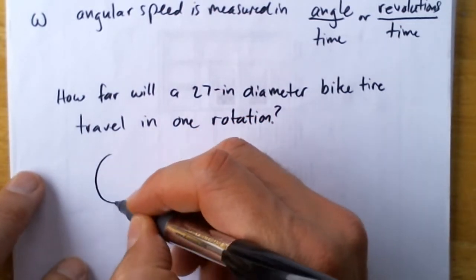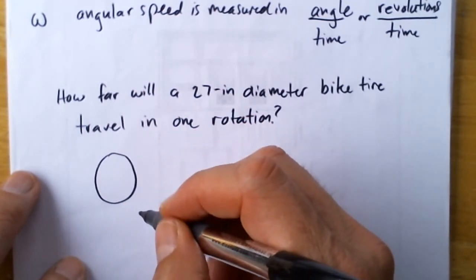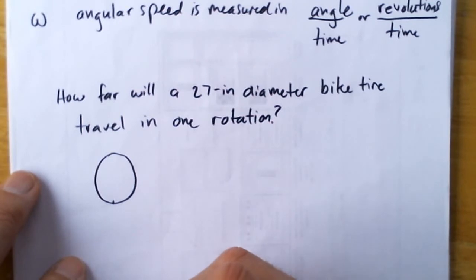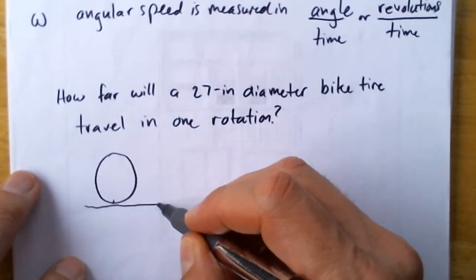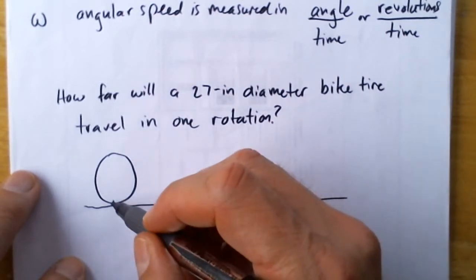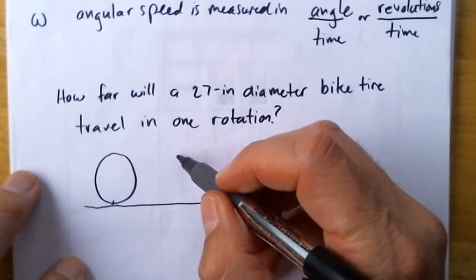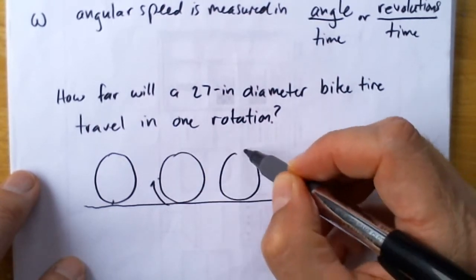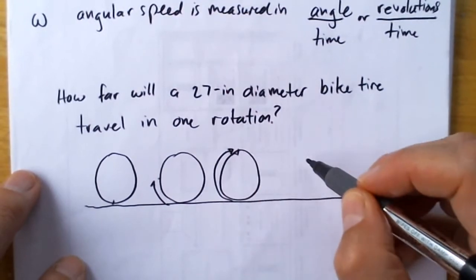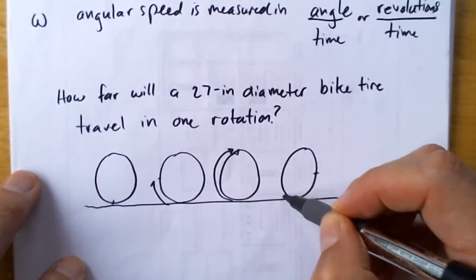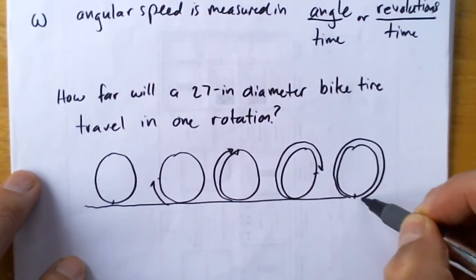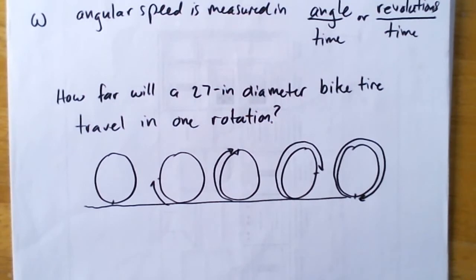If you have a tire and we mark the edge of the tire, by the time the tire rotates and this mark gets back to where it started, as the tire is rotating and the mark is moving, by the time it goes around once, it has traveled its circumference.